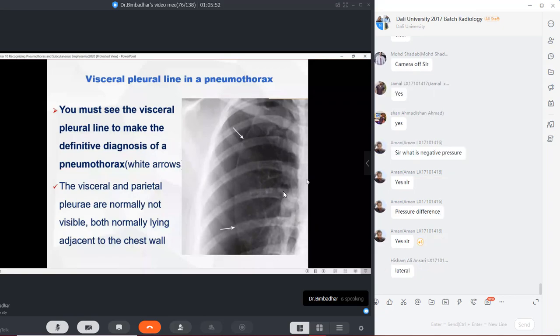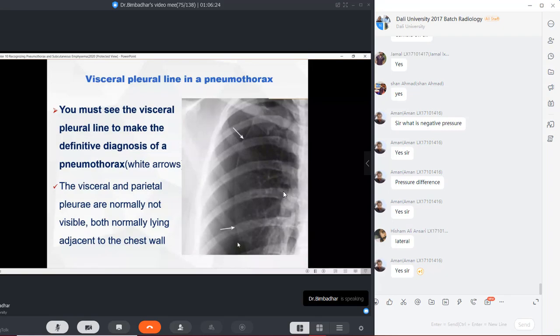Compared to the rib shadows, which one is more clear? There is a lot of noise along the posterior edges here, but on the lateral side the rib shadows are clear just because there is a lot of air present in the pleural cavity. And I can confirm it with the visceral pleural line, a thin, well demarcated line that is coming down here.